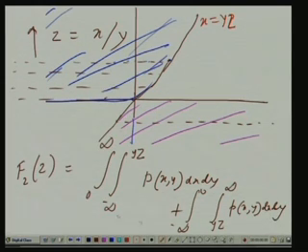So, as you can see, the entire thing becomes a function of capital Z alone, and there is a probability distribution of Z. Okay. How about the probability density? That is again very simple.